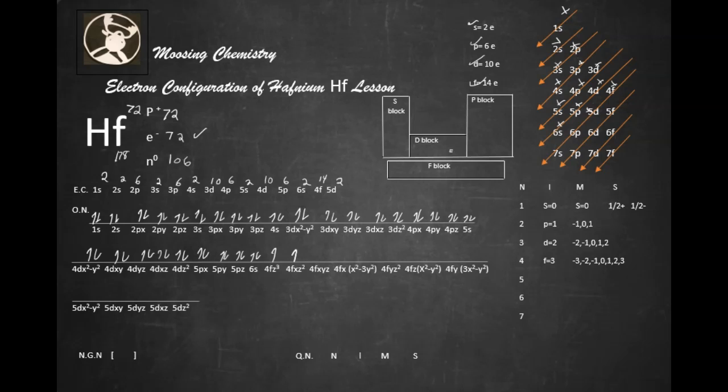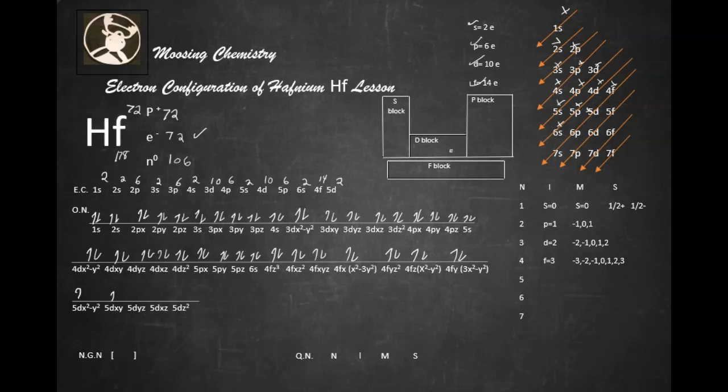Then 1, 2, 3, 4, 5, 6, 7, 8, 9, 10, 11, 12, 13, 14, and then 5d2: 1, 2. That's pretty easy.